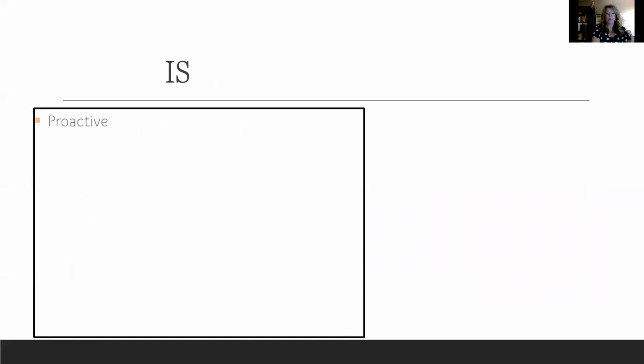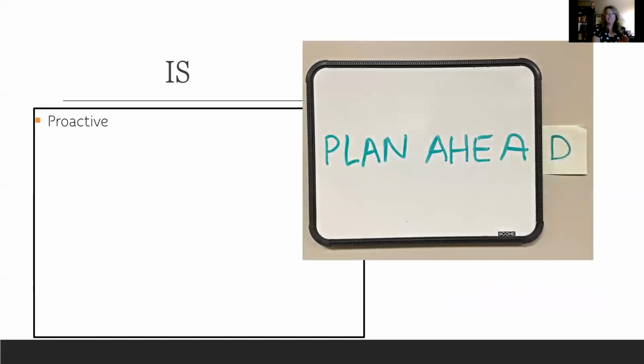It is proactive. So I love this graphic because you really do have to plan ahead. See how the person missed the D. So as a teacher, we assume that different learners have different needs, and we just plan that way from the very beginning.